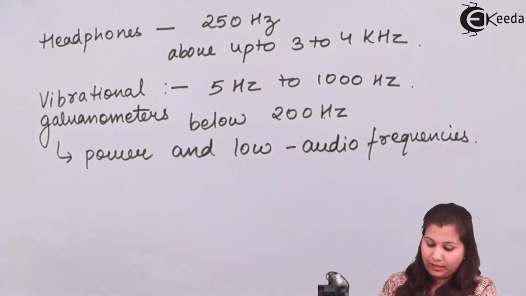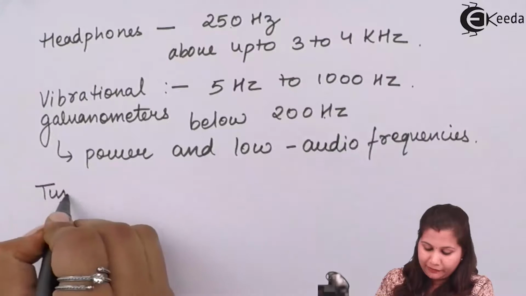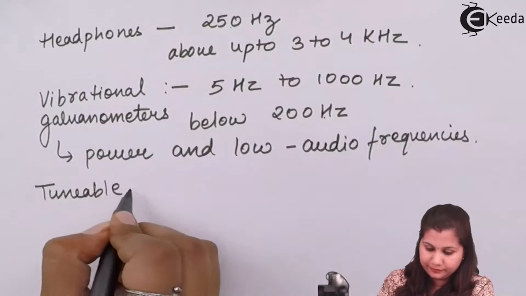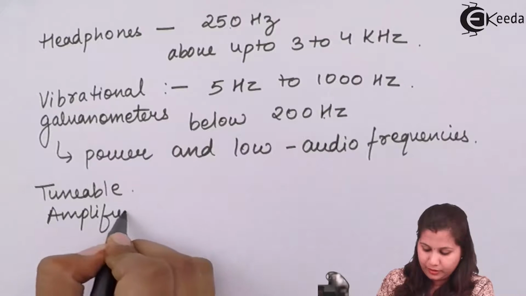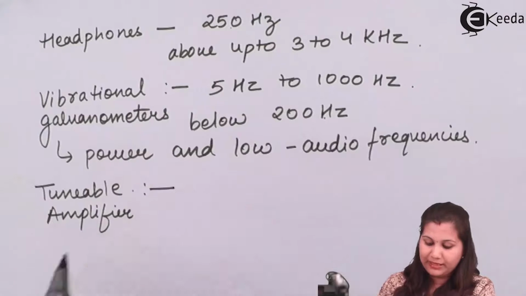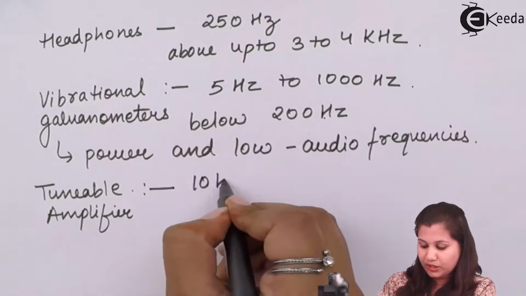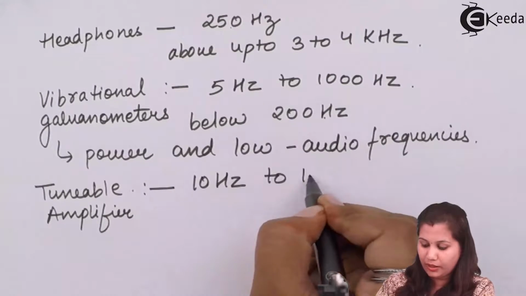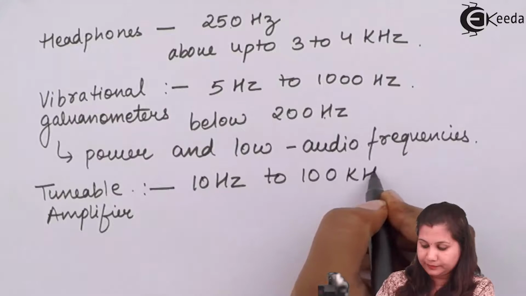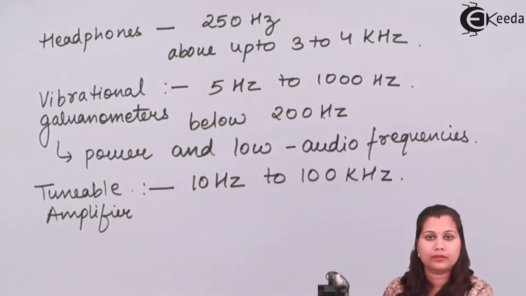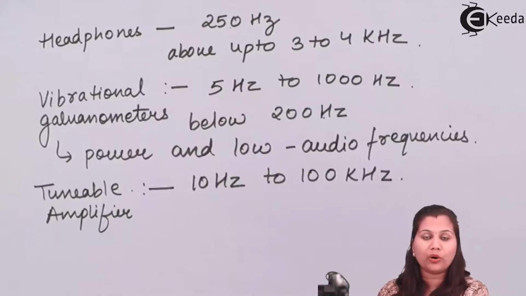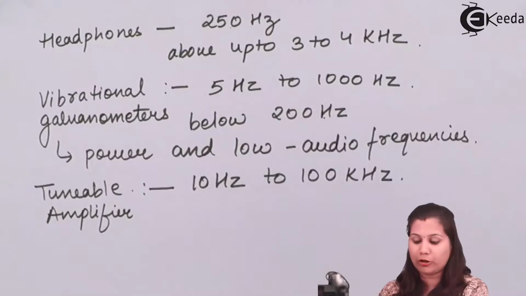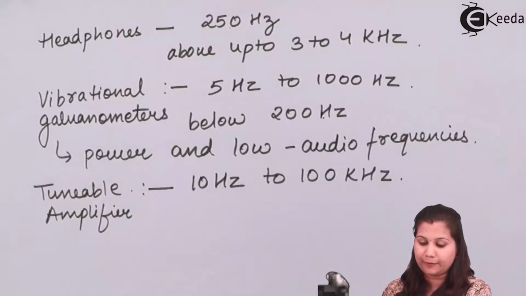Another is the tunable amplifier circuits, which are used in the frequency range from 10 hertz to 100 kilohertz. So we can say that these three detectors are used according to the frequency at which we are operating the alternating current bridges.